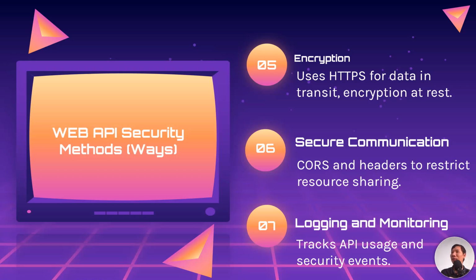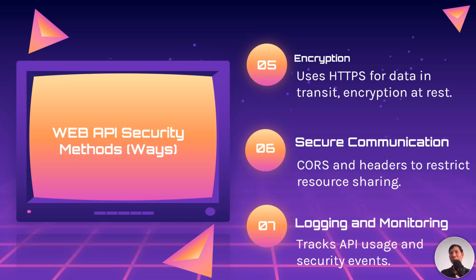And number six is secure communication. It means CORS and handling to restrict resource sharing. CORS means cross-origin resource sharing. We need to configure it to restrict which domains can access our API.